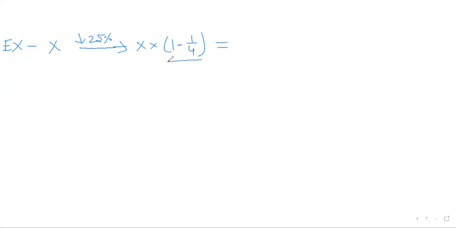The multiplication factor is nothing but 1 minus 1 upon 4, it is 3 upon 4. 3 upon 4 is always lesser than 1.